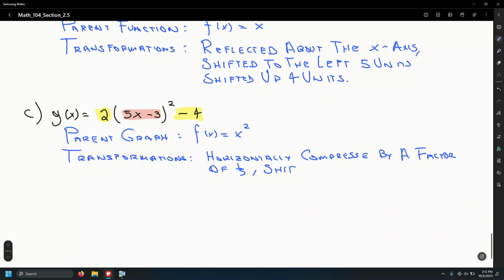Shifted 3 units to the right. Right, shifted 3 units to the right. And it looks like we're done with the horizontal.